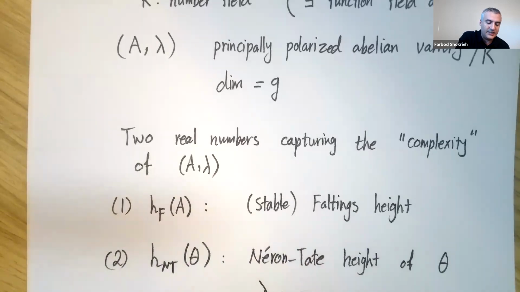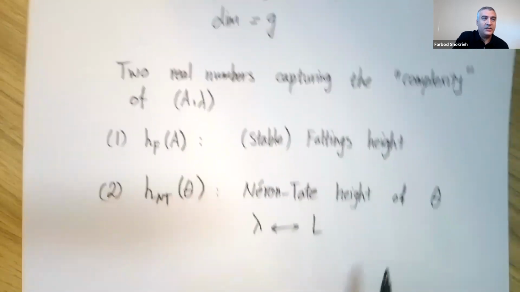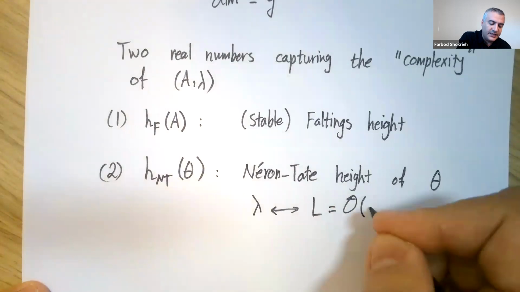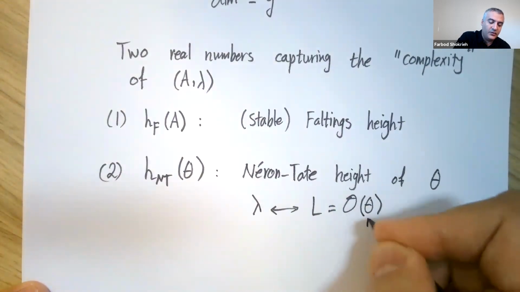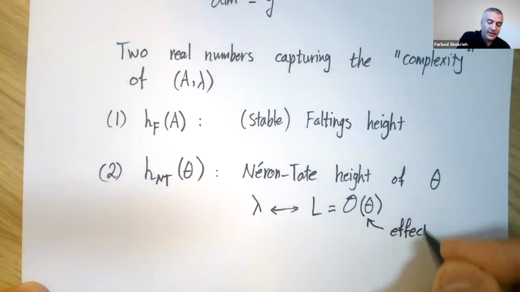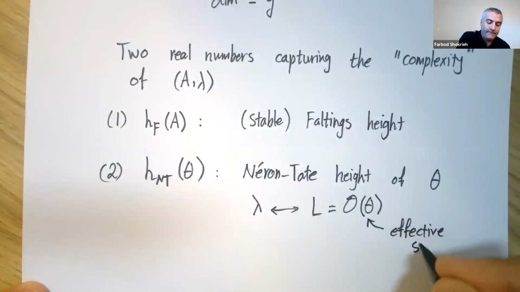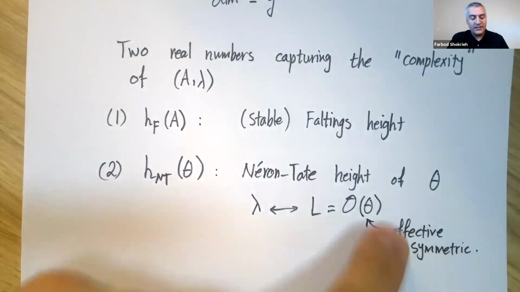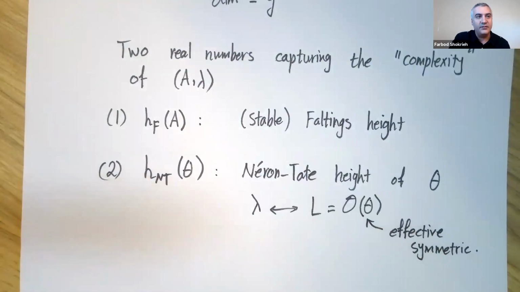You can think of it as a line bundle whose global sections is one-dimensional. And you can pick a divisor representing that line bundle. And I'm going to ensure this is effective and symmetric. You can do that. There are some choices involved, but it turns out this number is not going to depend on those choices.